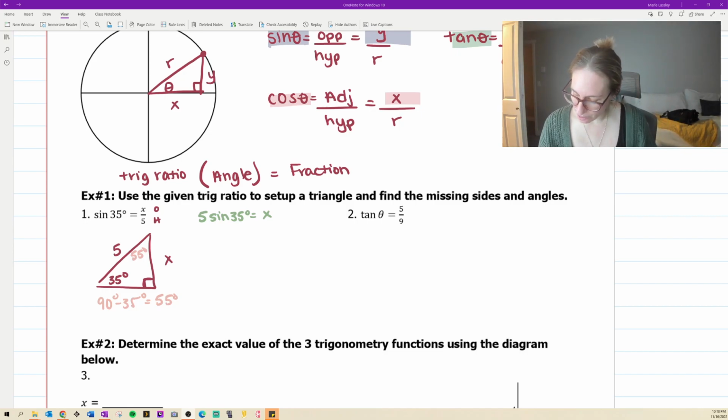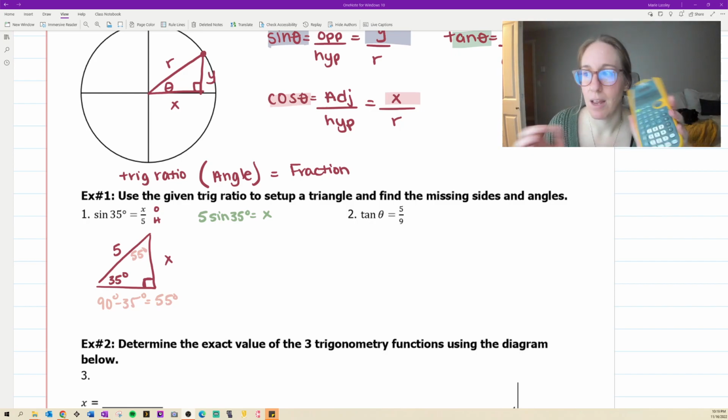All right, so we are going to type in 5 times the sine of 35, enter. And you want to make sure that your calculator is in degree mode. To do a quick check on that, you're going to go to mode. Now I know your calculator looks different than mine, probably, but mode is up at the top, and there is degree versus radian.